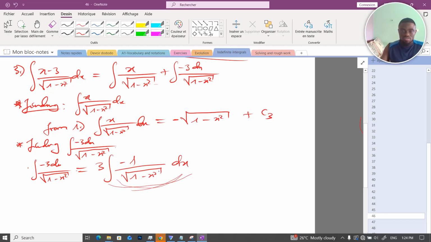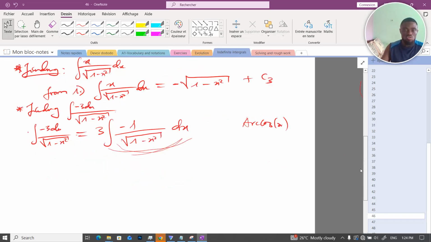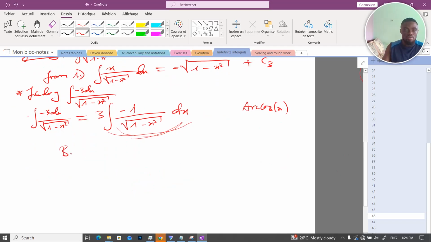We know that this integral simply gives what? Arc cos of x. This is simply arc cos of x. If you can recall your formulas, you understand. So by identification, since you are not asked to prove this, since you are not in an exercise where they said prove this or calculate simply this, there is no need of wasting time.